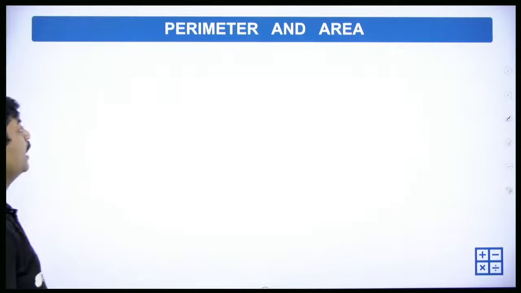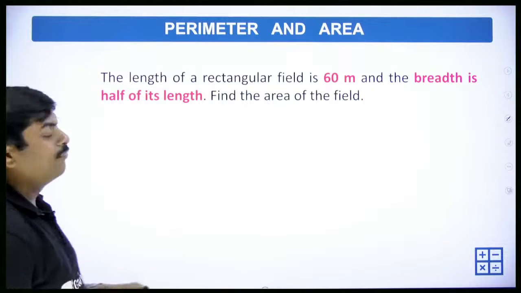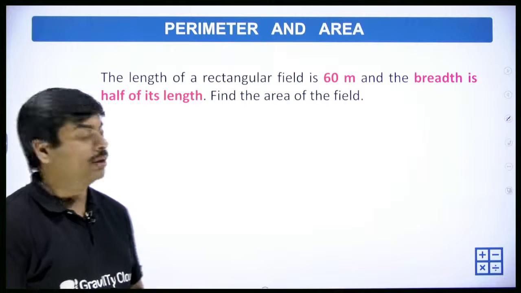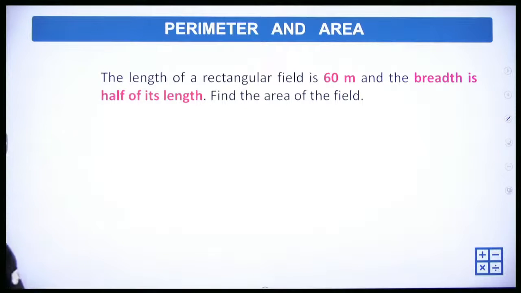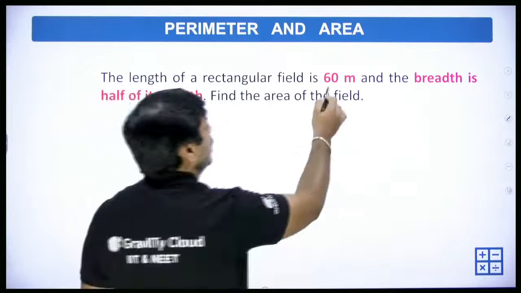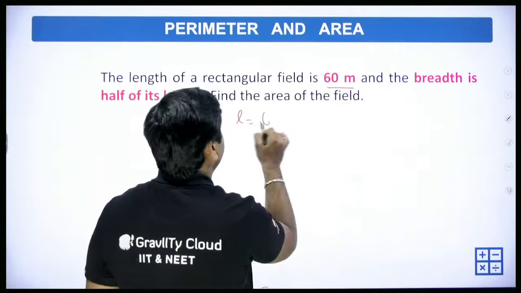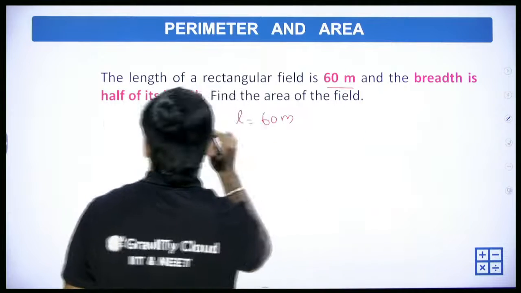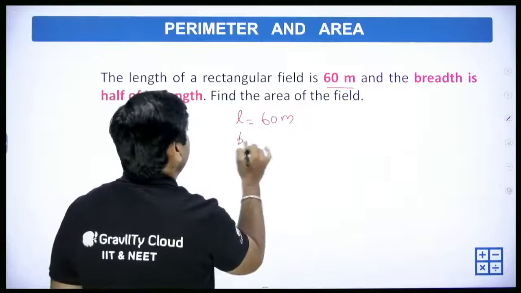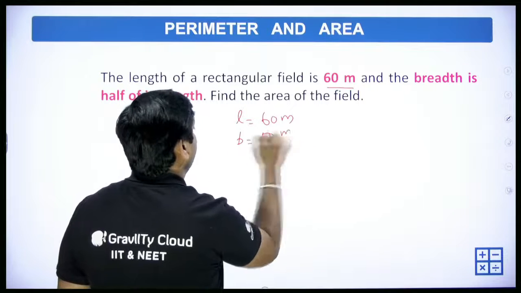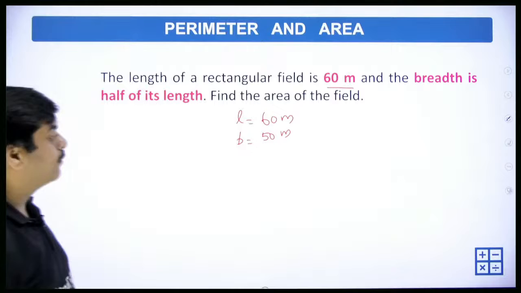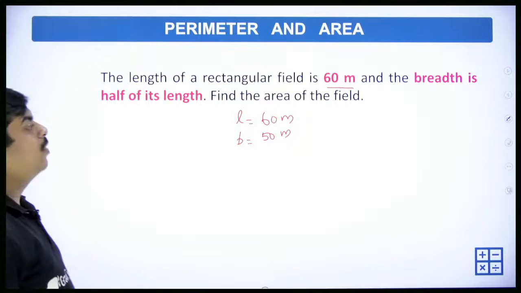Okay, moving ahead. We have a question, an application based on all this. Let's try to understand that. The length of a rectangular field is 60 meters, and the breadth is given as half of its length. Find the area of the field.